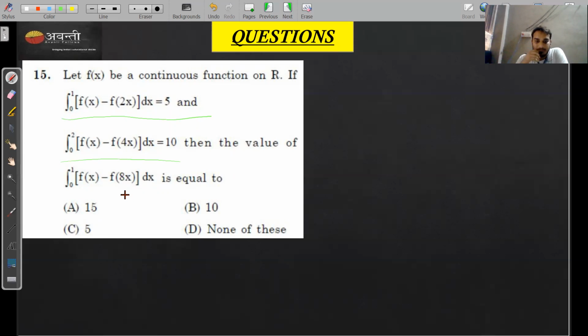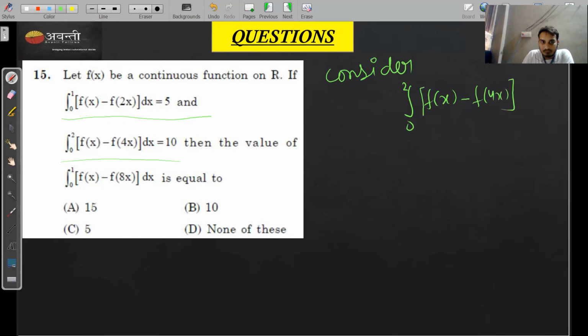What I'm doing is starting with f of x minus f of 4x. So consider integration 0 to 2 f of x minus f of 4x dx, which is 10, right?